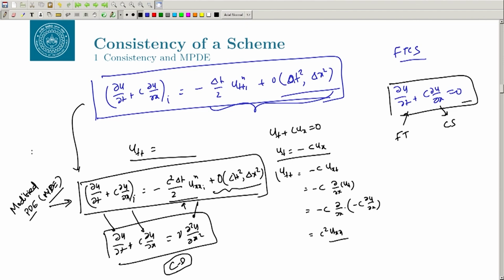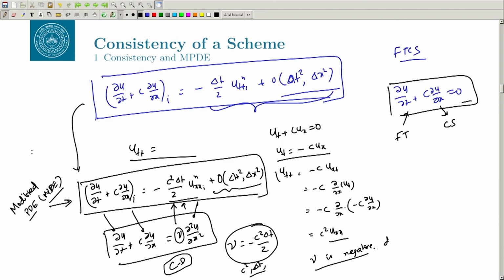Not only that, you will see the nu here is equal to minus c square delta t by 2. C square is a positive number, delta t is a positive number and there is 2. So, this entire thing nu is negative. That means your scheme has got a negative diffusion.